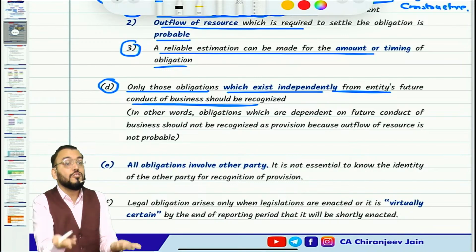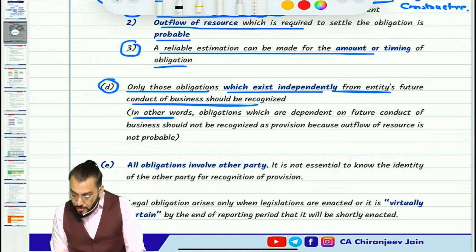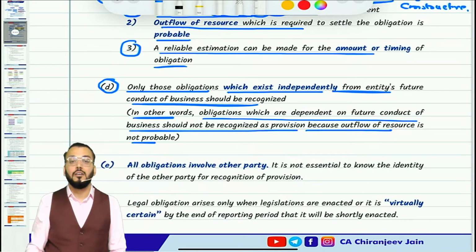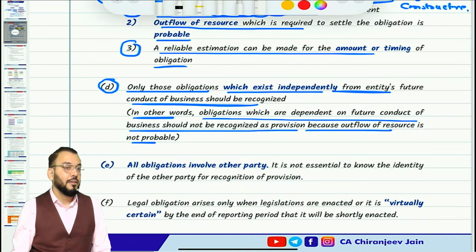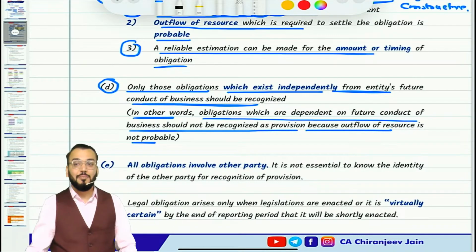Why? Because outflow of resource is not probable, because the second condition is not satisfied. So both conditions need to be satisfied.